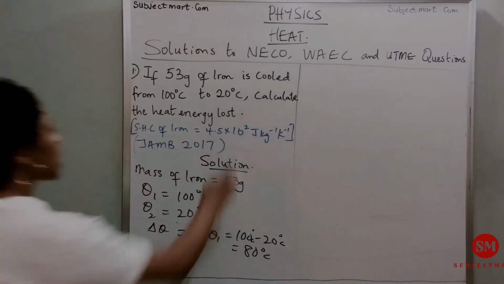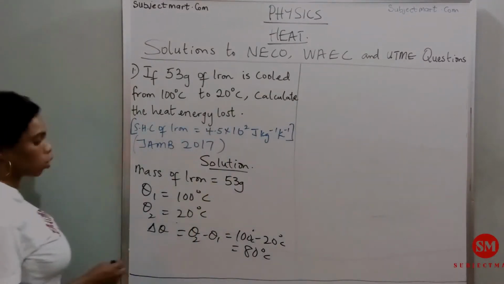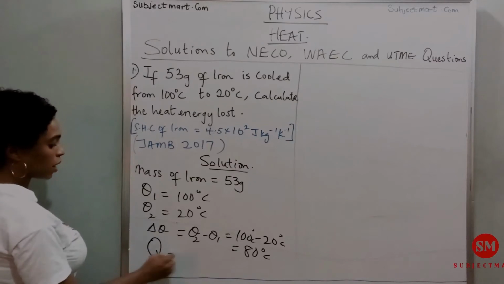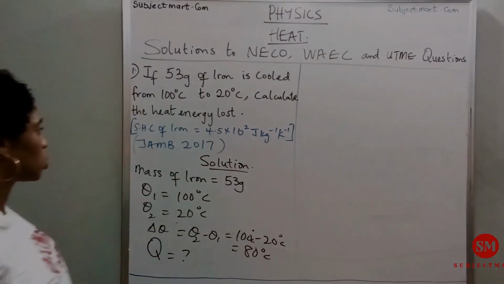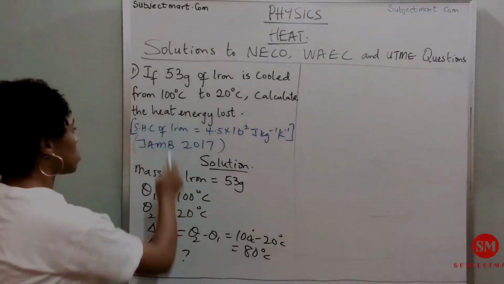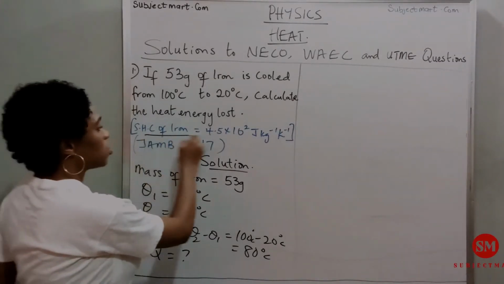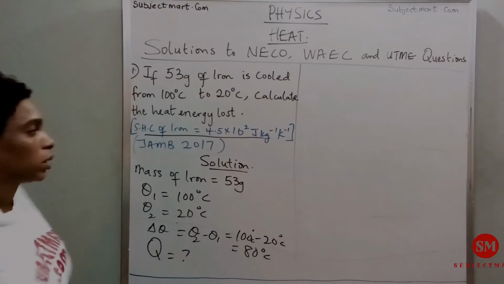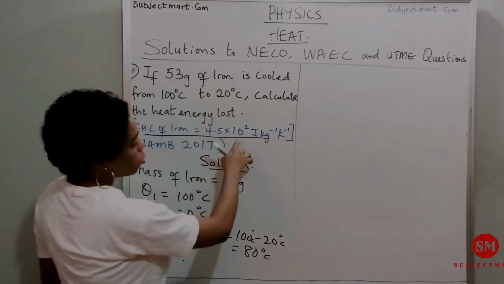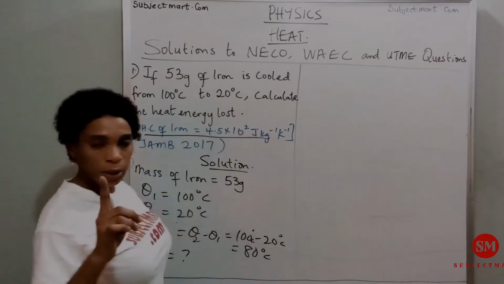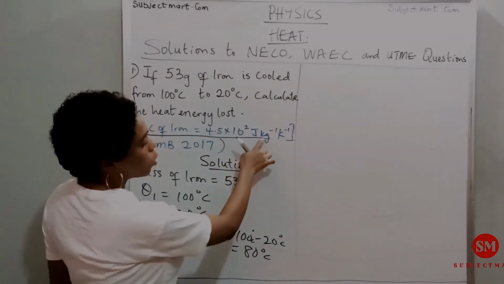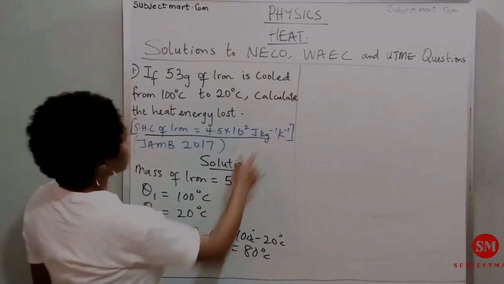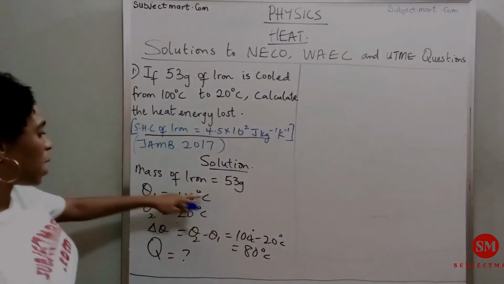So the question says calculate the heat energy lost. So we have to find Q. Already we are given the specific heat capacity of iron to be 4.5 times 10 raised to the power 2. Now take note, the specific heat capacity is in joule per kilogram per Kelvin, while the mass is in grams.